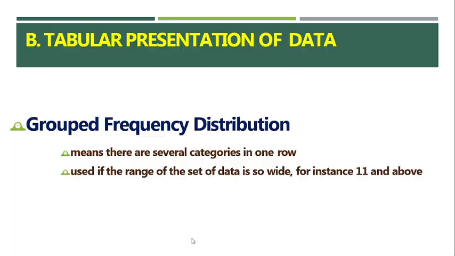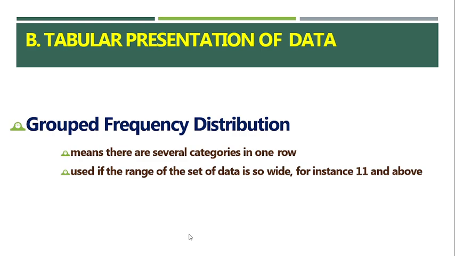Next in line, we have the group frequency distribution table. As I said a while ago, for ungrouped data, we usually use it when the scale is not so wide.